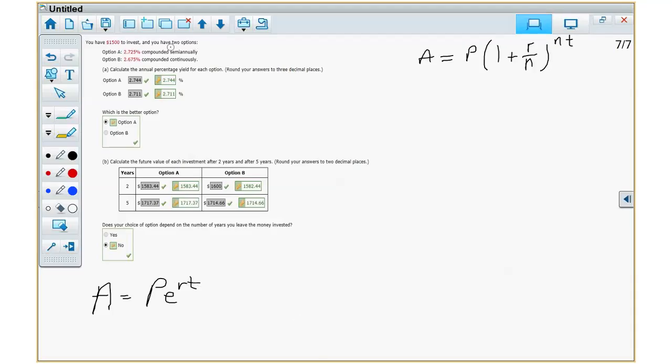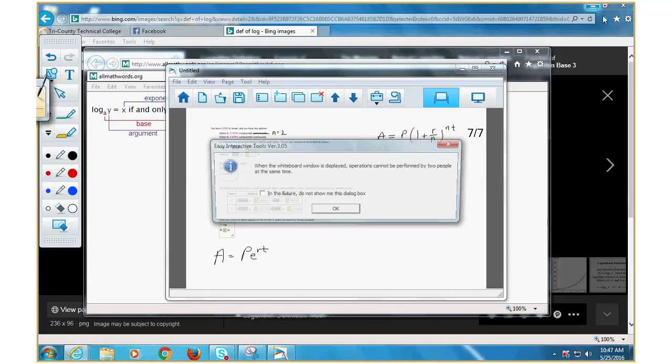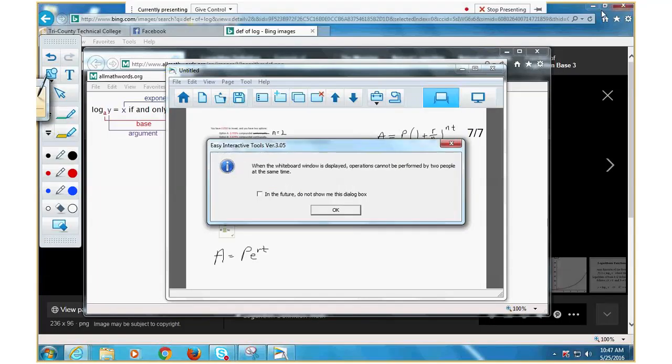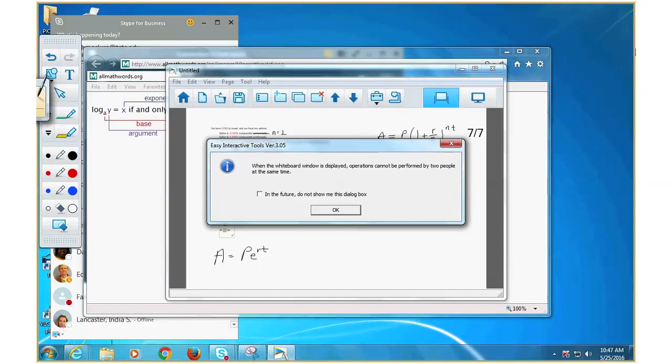Okay, so let's take, for instance, no sneezing in class, please. 7.25% compounded semi-annually. Take that semi-annually out and put n is equal to what? 2. And there is your P. So I'm going to pull up my handy dandy calculator, if I can get to it eventually.